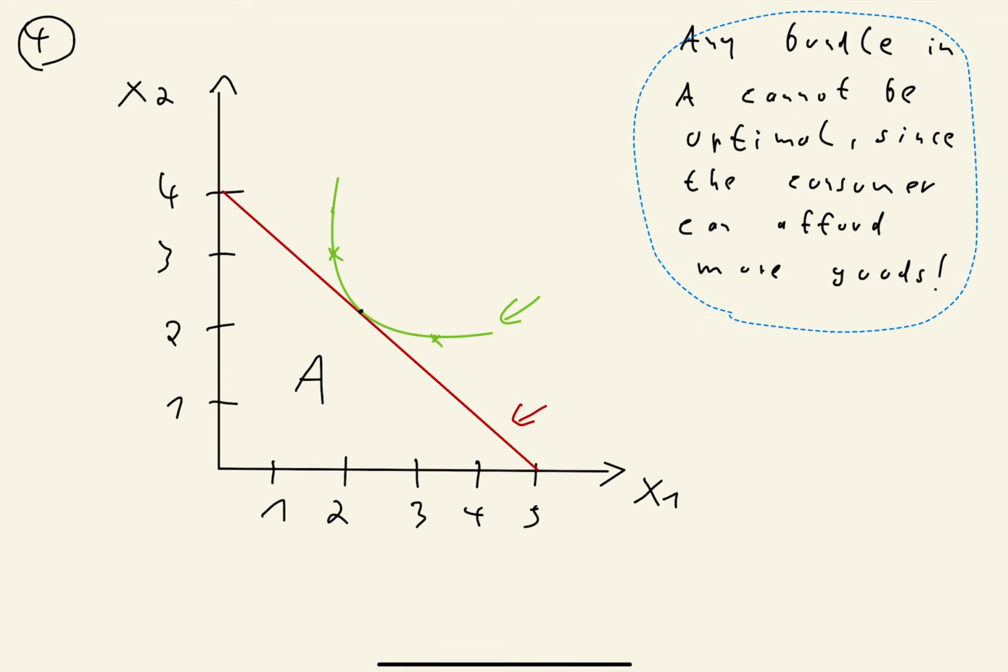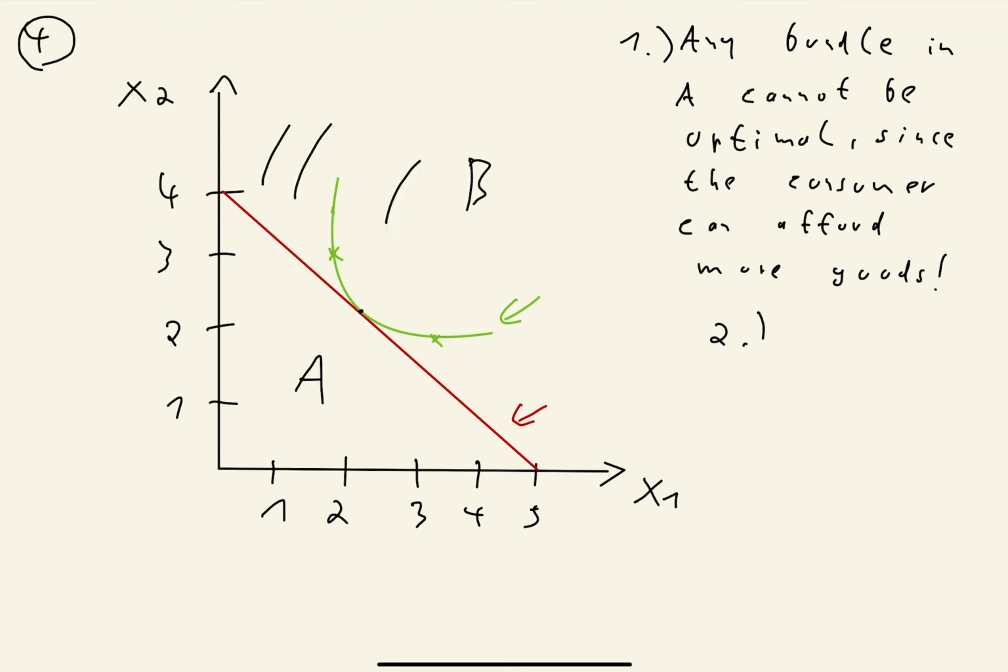So this is the first case. Second, what about anything which is not on the budget constraint, but which is on the upper right-hand side? Let's call this B. So B would be everything which is like here and here. This is quite simple.